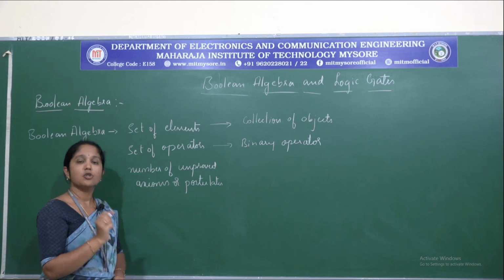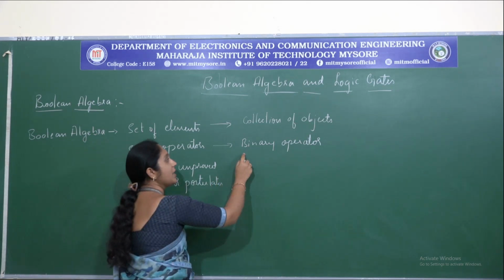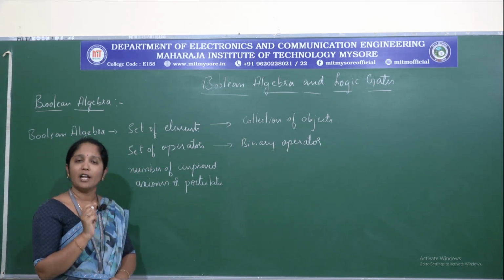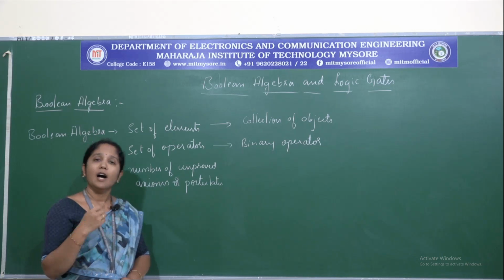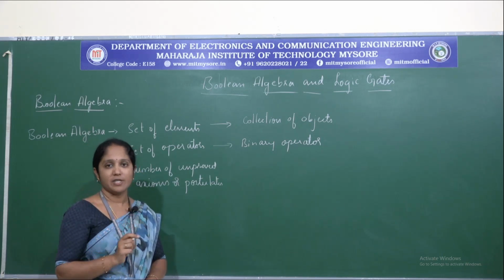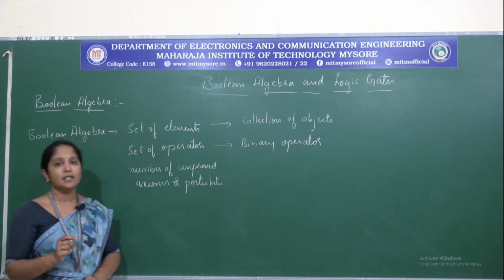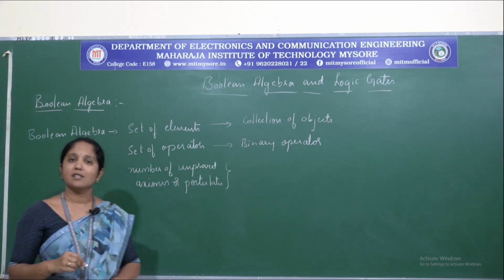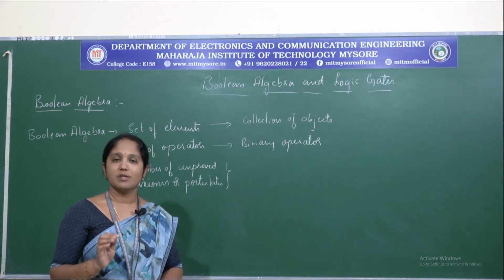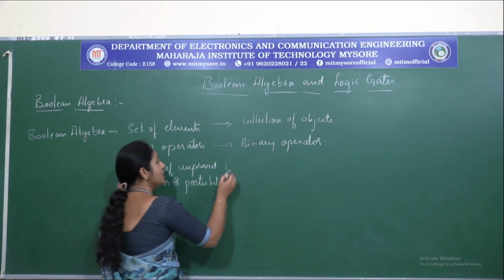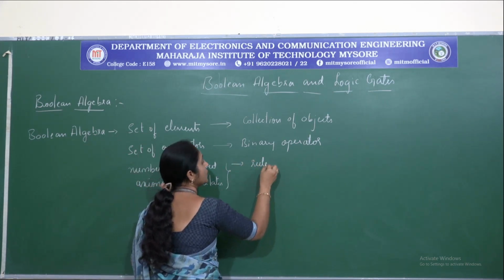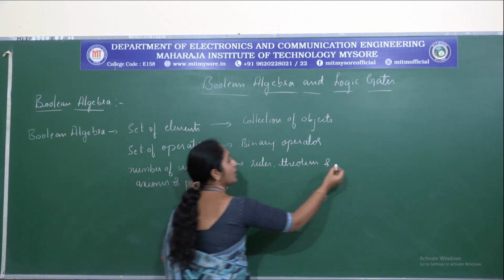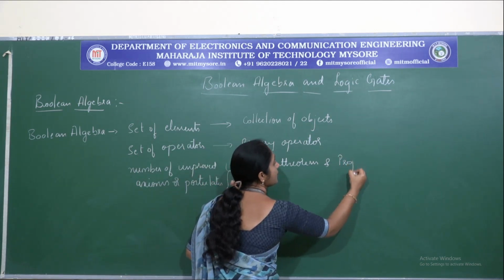Let us consider the set as S. A binary operator is a rule that is applied on each pair of elements of S, which gives another element in the same set S. Next we have postulates. Postulates in any mathematical system are the assumptions we make, which help us derive the rules, theorems and properties of the system.